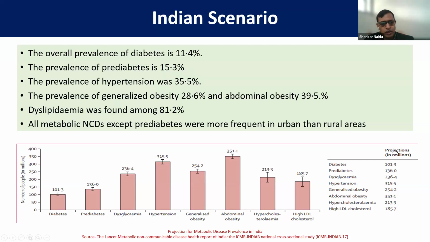All these metabolic NCDs, except for prediabetes, were more prevalent in the urban population than the rural population. So what does this percentage mean to us? If we translate this into the absolute number of people getting affected, you can see that the numbers go into millions, more than 100 million, to 200 to 300 million individuals affected with these non-communicable diseases.